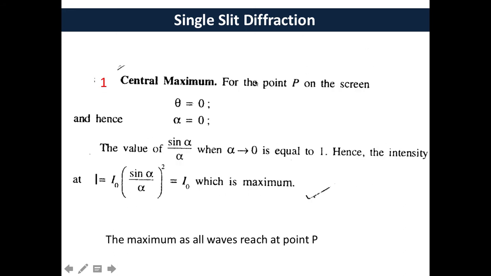So for the central maximum, for the point P on the screen, theta is equal to 0, and hence alpha is also 0. That's why the value of sine alpha upon alpha, when alpha tends to 0, is equivalent to 1, and the intensity I is equal to I0, which is the maximum.